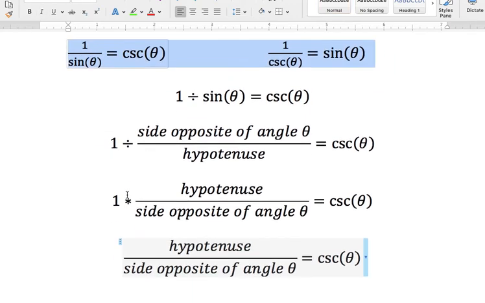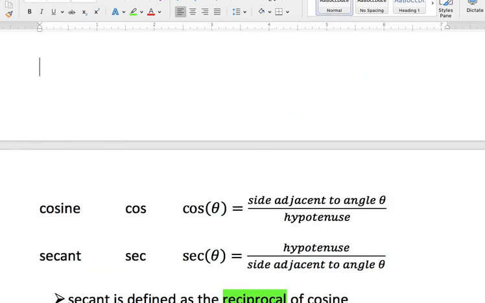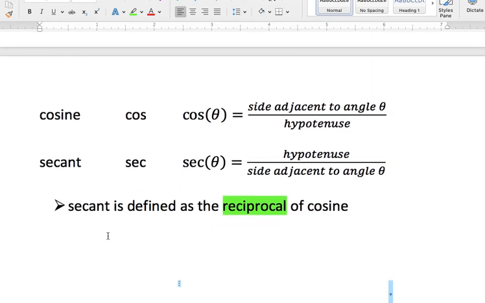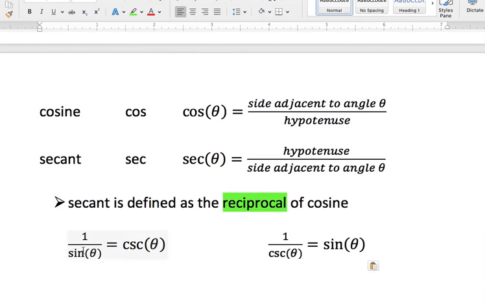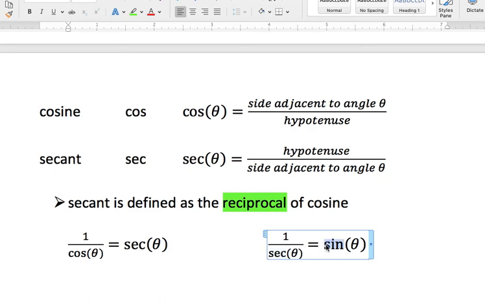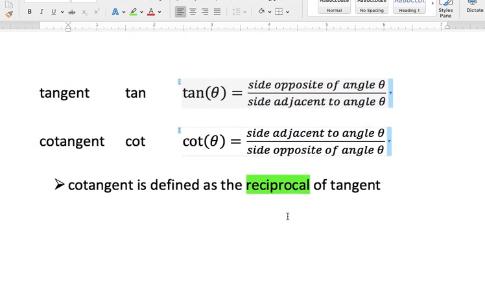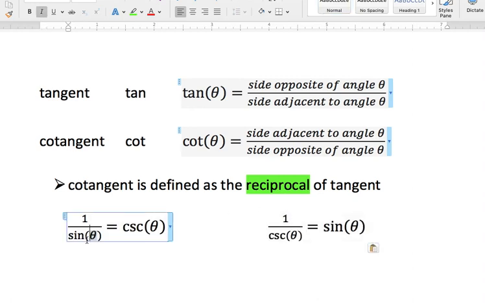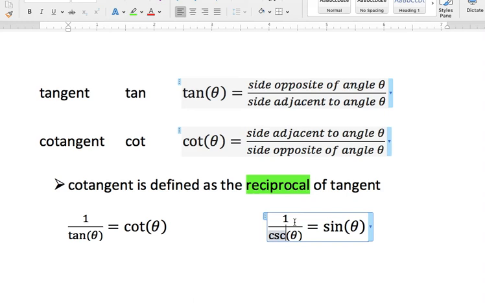Along those exact same lines, 1 divided by cosine is equal to secant, because secant and cosine are reciprocals, and 1 divided by secant is equal to cosine. Same thing with tangent and cotangent. 1 divided by tangent is equal to your cotangent. 1 divided by cotangent is equal to tangent.